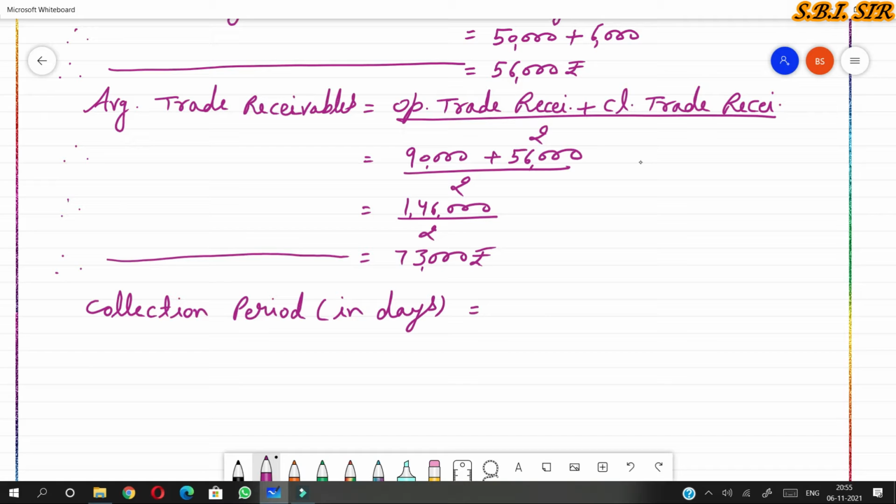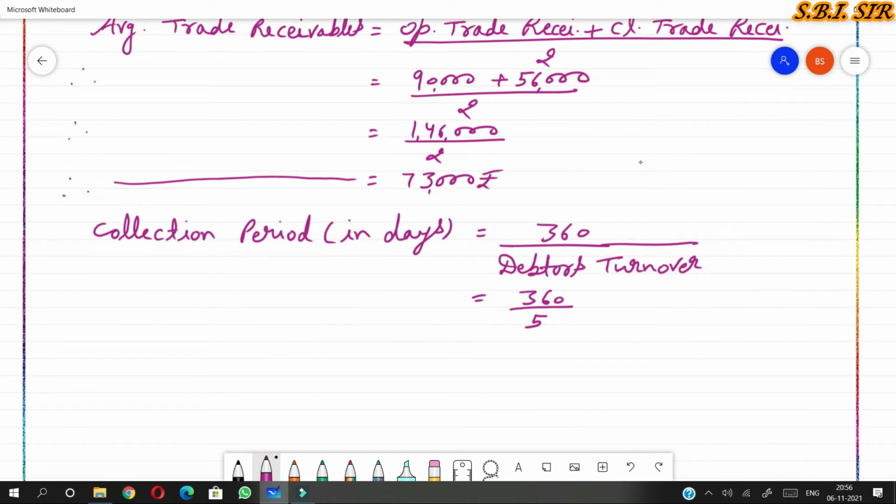Here days are given, 360 divided by debtors turnover. 360 divided by debtors turnover, which is 5. 360 divided by 5, we will get 72 days. It is the collection period in days. It is one of our answers.